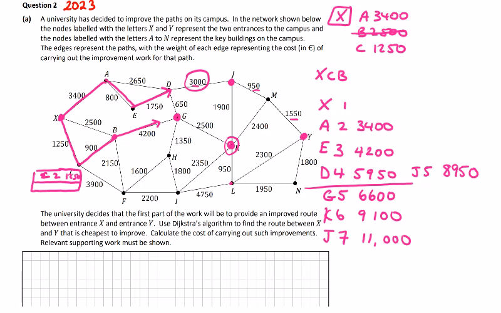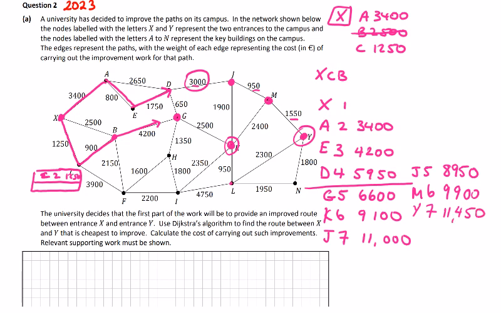And from here, M will be node 6, adding 950 on will be 9900. And then node 7 will be Y. Adding 1550 on will be 11,450.